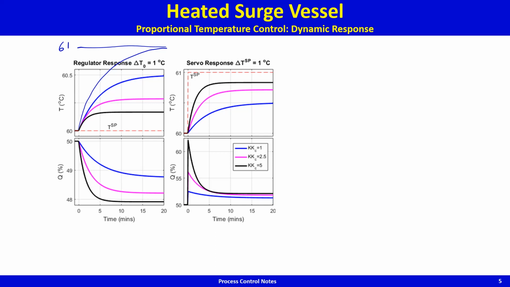We saw this previously. But now we've got control, and if kkc is 1, that means kc is 1 by 0.4, since k is 0.4, so kc is 2.5. With a kc of 2.5, this is the response that you get.